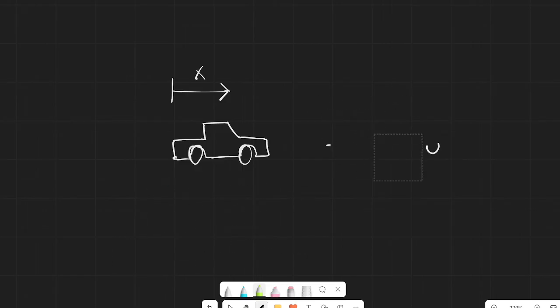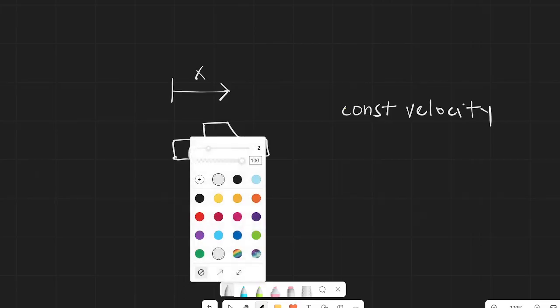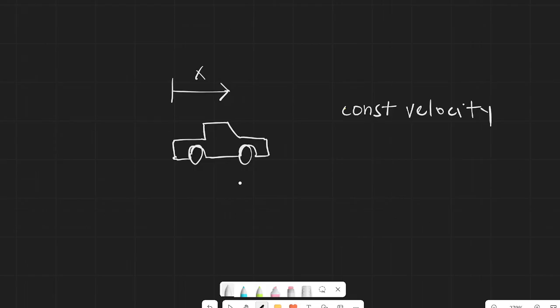Our next case is constant velocity. This indicates that there is no acceleration, right? We can draw the velocity vector on the schematic like so.